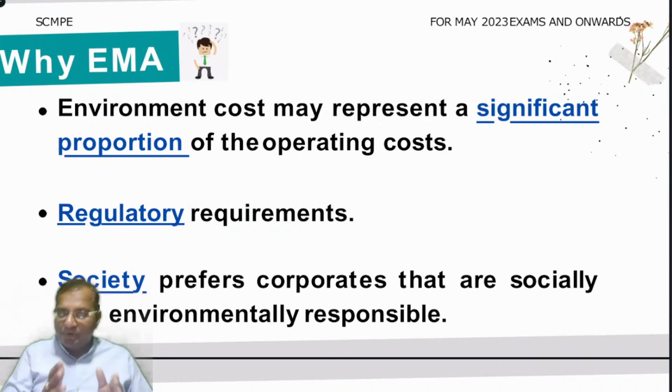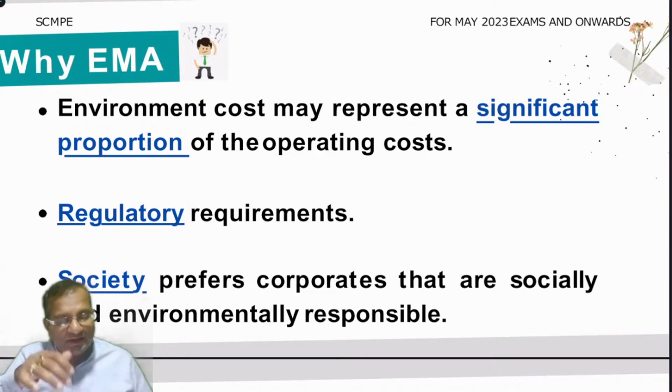When you see the operating cost of the organization, you will be surprised to know that minimum 8 to 10% of the organization cost consists of environmental cost. Once you identify them as environmental cost, then only you can take initiative so that the environmental cost can be reduced without affecting the quality of the environment.